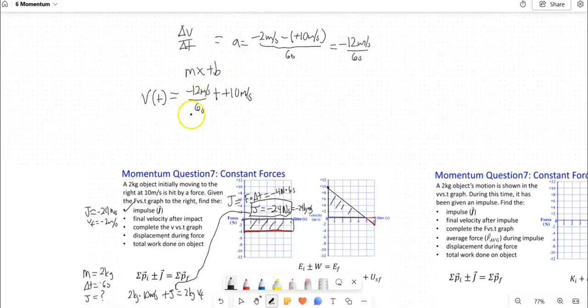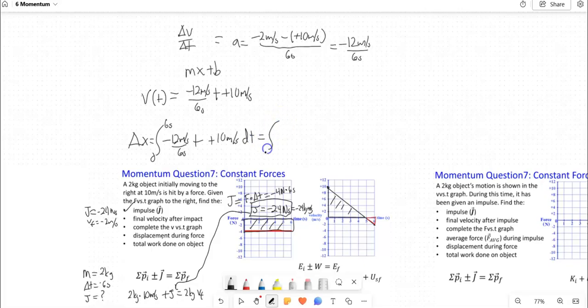Okay, so now if we want displacement, we just have to integrate this, from 0 to 6 seconds. So that will be the integral of negative 12 meters per second over 6 seconds, t plus 10 meters per second, dt.